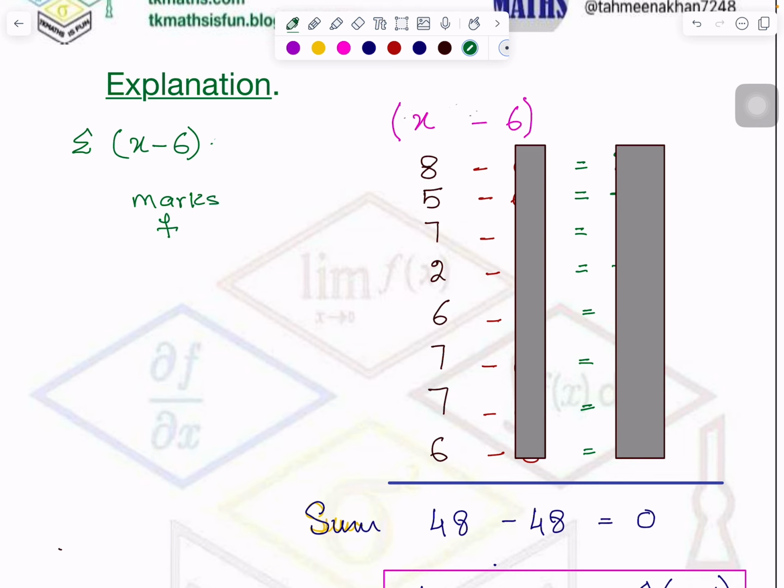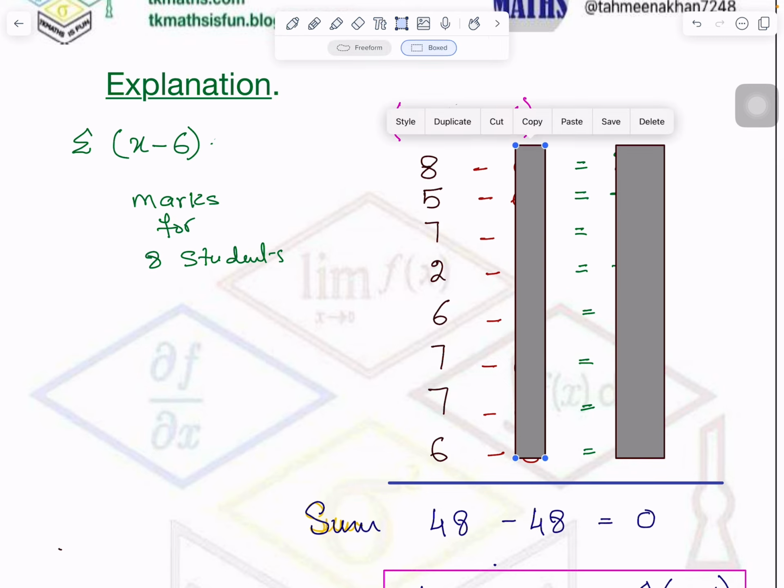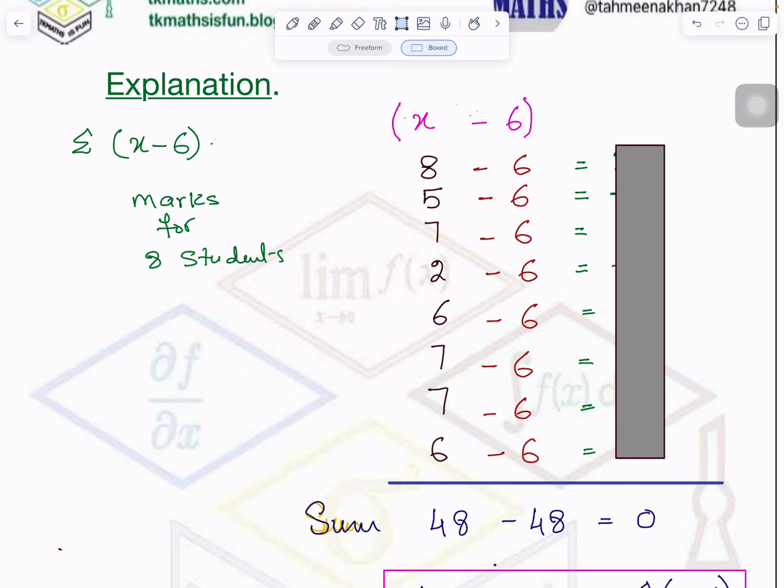Marks for 8 students. I'm explaining why it was 0. Now the sum of all the marks is 48. Now from each mark I am subtracting 6, right? Now when I have subtracted 6, the answer is 48.